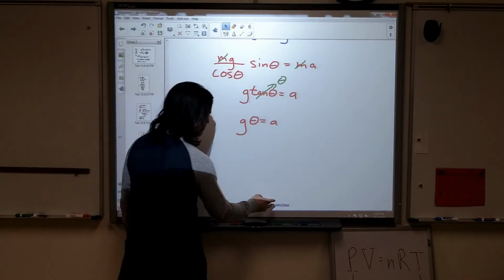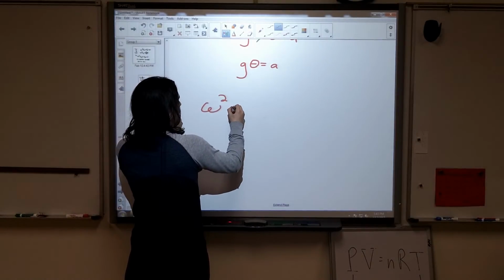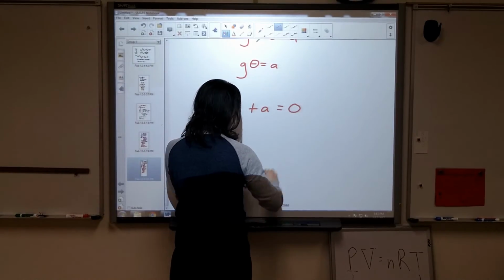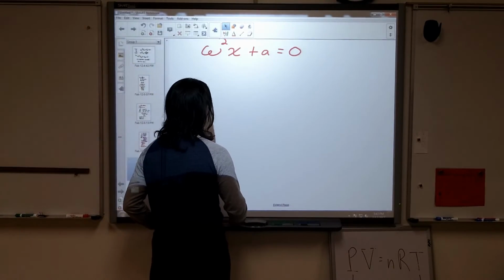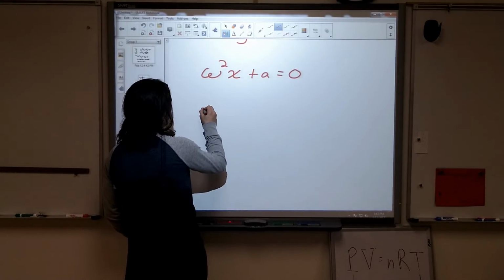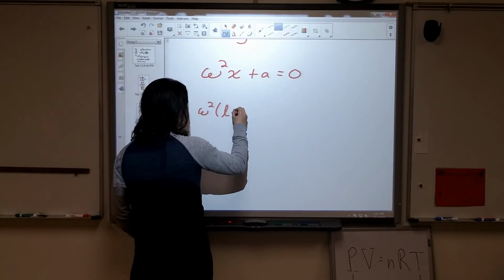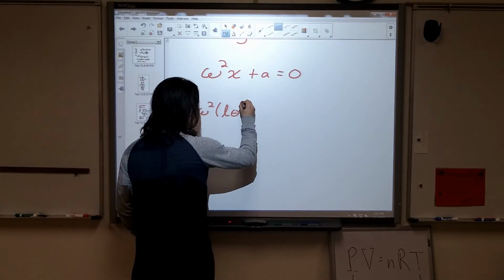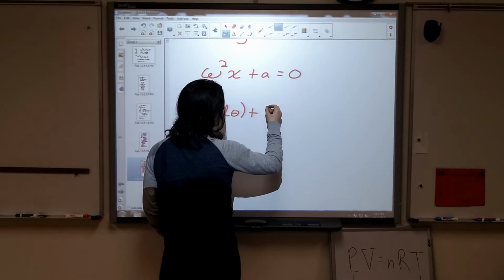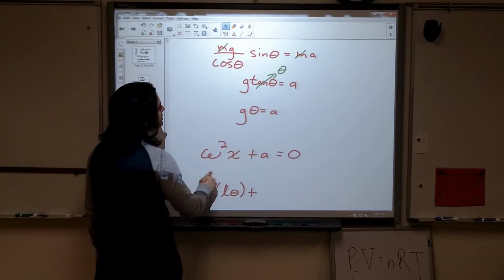All right, here we go. Finishing up. Omega squared times our position function plus our acceleration equals 0. I'm going to start plugging things in based on what we've got. We end up with omega squared times our position we said was L theta plus, let's see, I apologize, one quick thing that I've overlooked here.